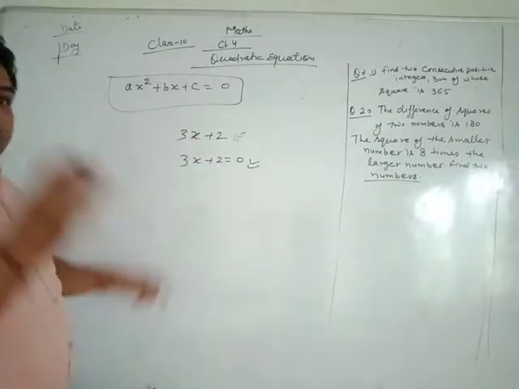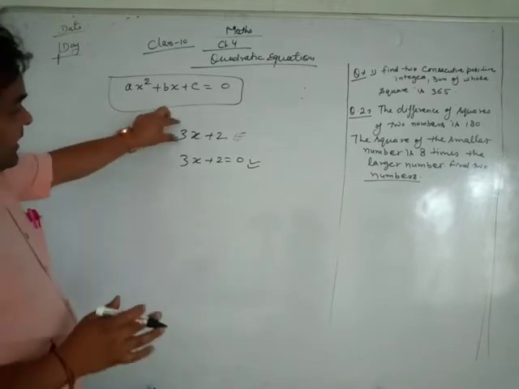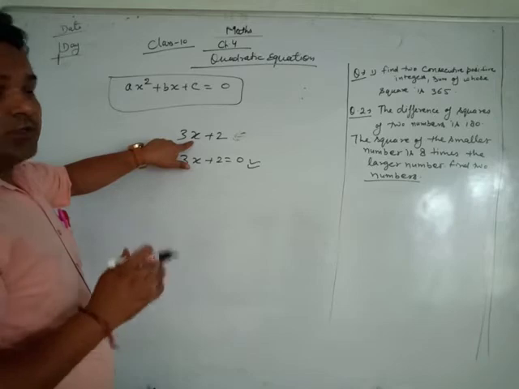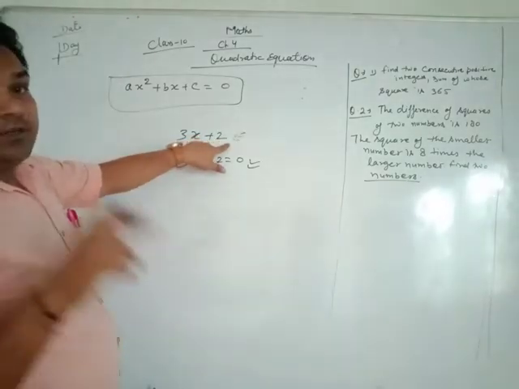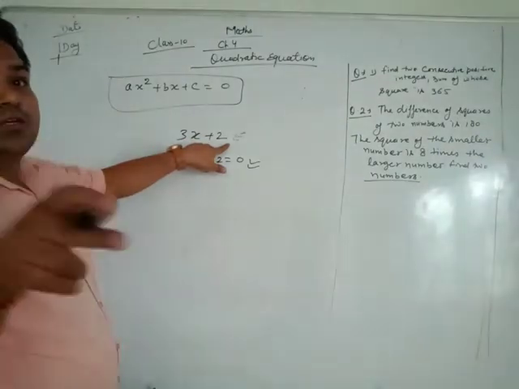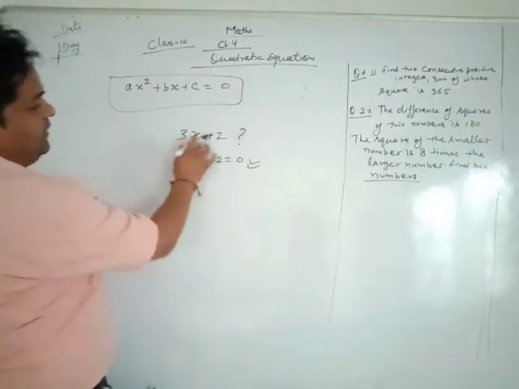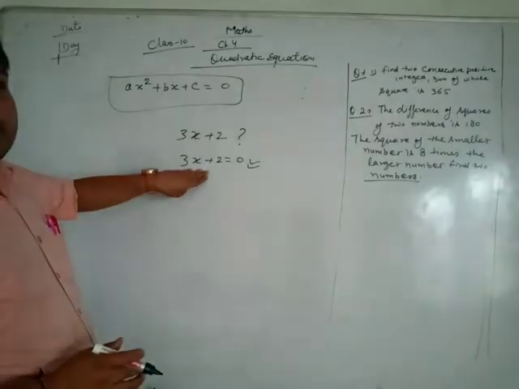So what is the difference? Listen carefully. In an algebraic expression we can't find the value of x. It means the value of x is infinite and not defined, because we cannot find it. But in an equation we can find the value of the variable.